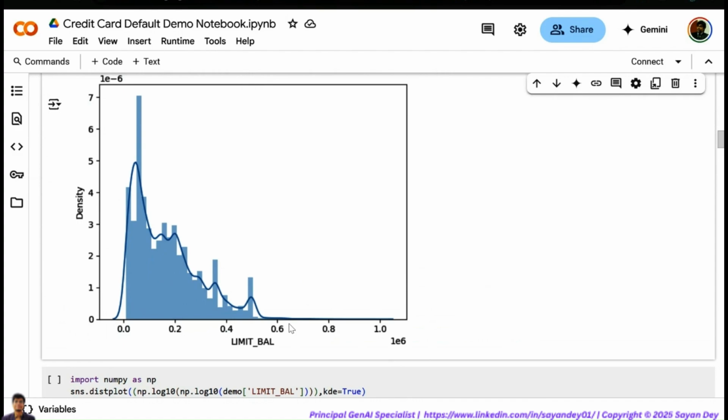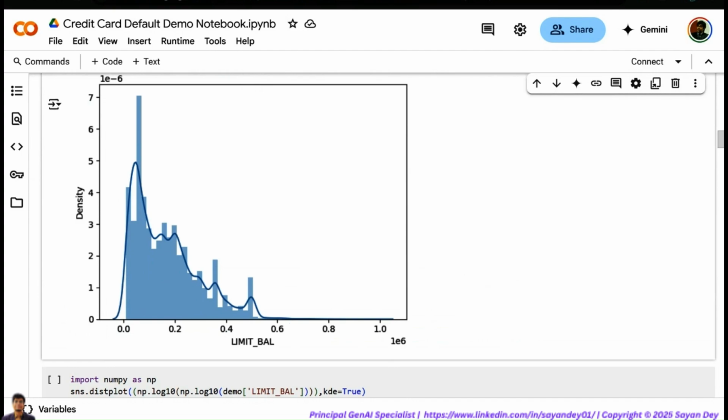Because in this case, we have lots of examples of customers who have average to low limit balance, and we have very few examples of customers who have high limit balance. So from a supervised learning perspective, you have a lot of data for average to low limit balance customers, but a very limited amount of data for high limit balance customers. So maybe we don't have enough patterns for the high limit balance customers.